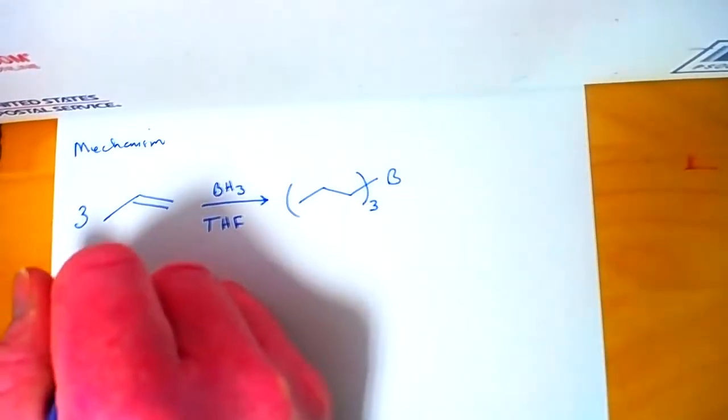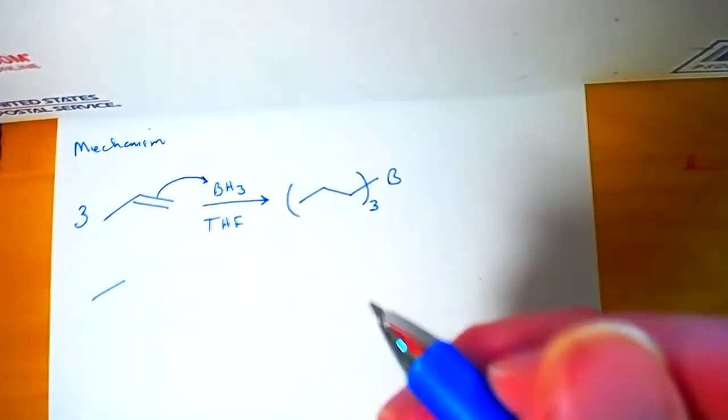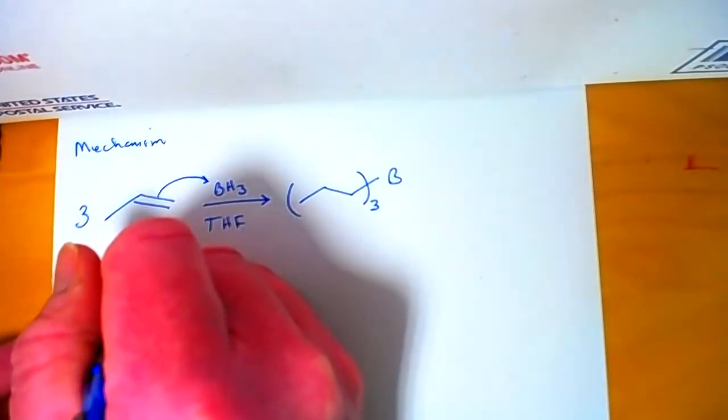Now, how that ends up coming about is your pi electrons are attracted to the BH3.